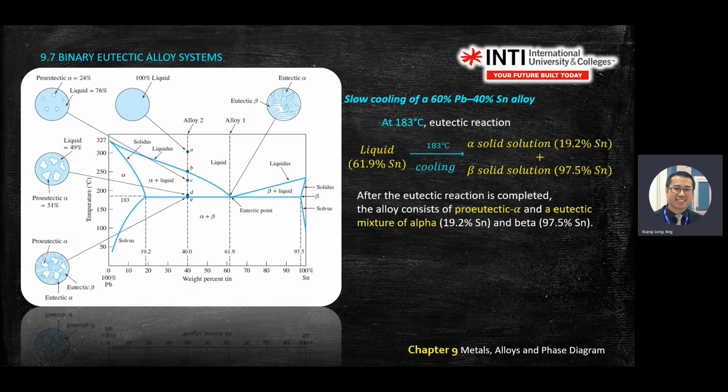So pro-eutectic alpha: how do you know? It is here, the left-hand side of this line. This is pro-eutectic alpha, the eutectic alpha and beta mixture, and beta.